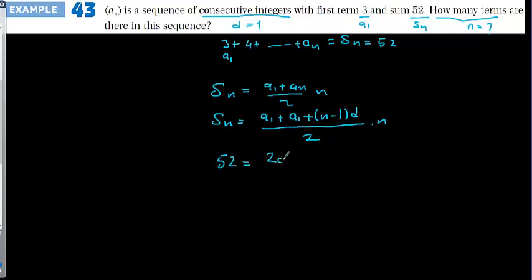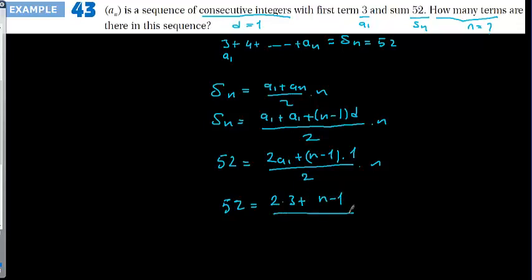52 is equal to (2A1 plus (n minus 1) times D) over 2 times n. D is the common difference, which is 1. So 52 is equal to (2 times 3 plus (n minus 1)) over 2 times n.